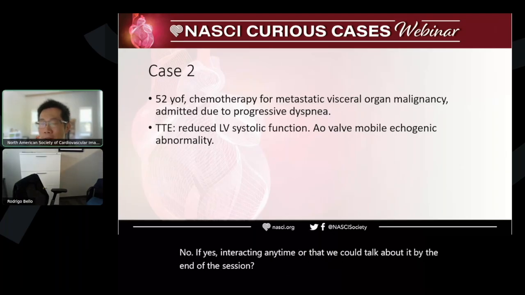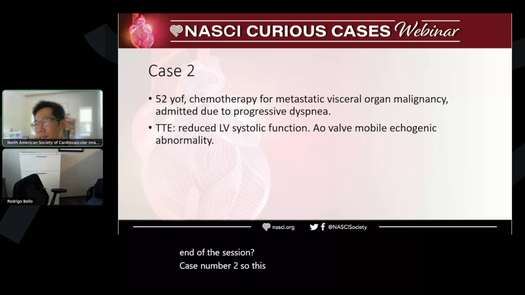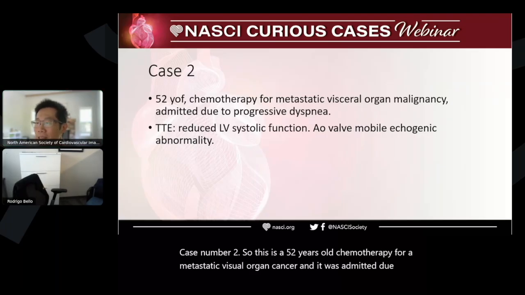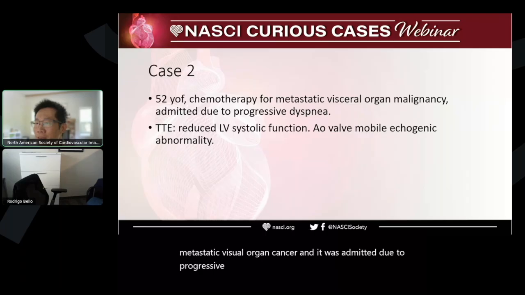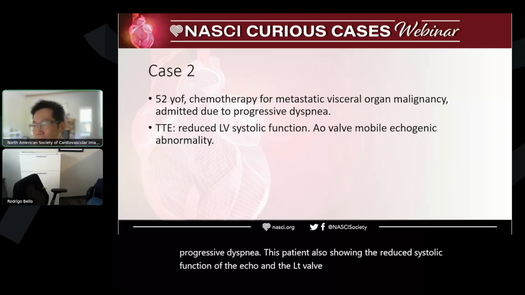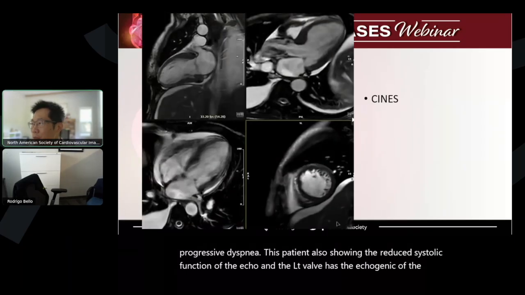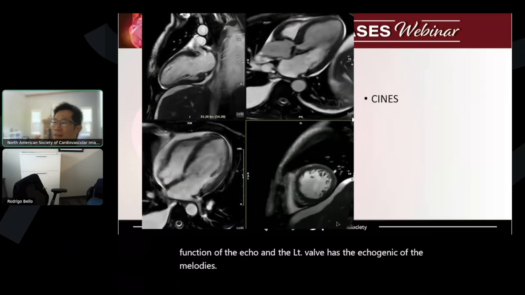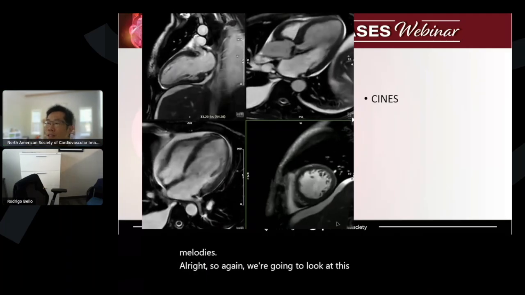Case number 2. This is a 52-year-old on chemotherapy for a metastatic visceral organ cancer, who was admitted due to progressive dyspnea. This patient also showed reduced systolic function on the echo, and the left-sided valve has echogenic abnormalities. All right, so again, we're going to look at these cines for the morphology.